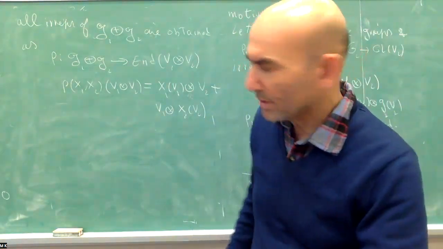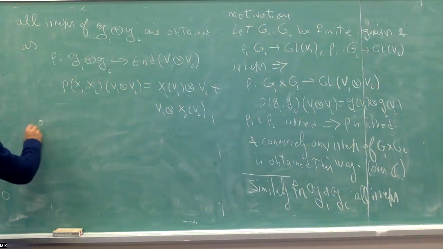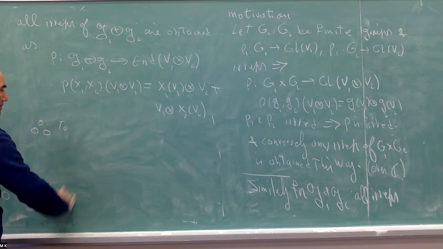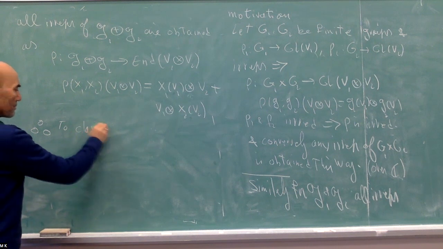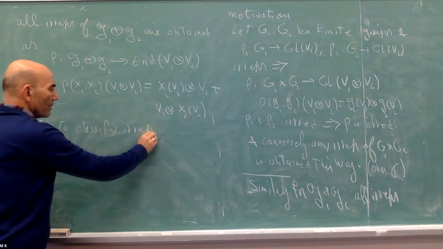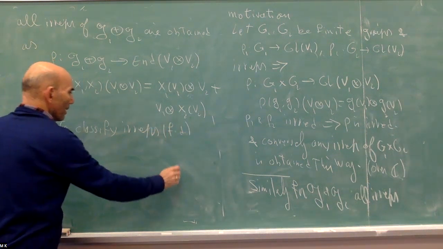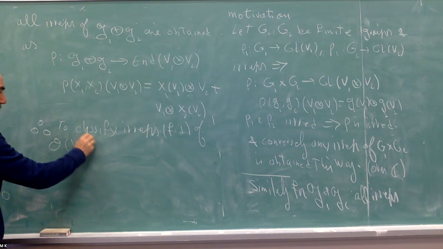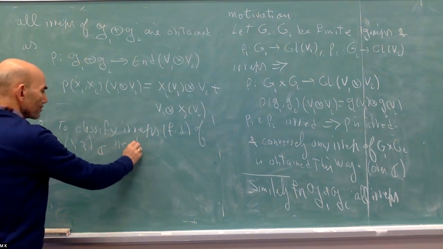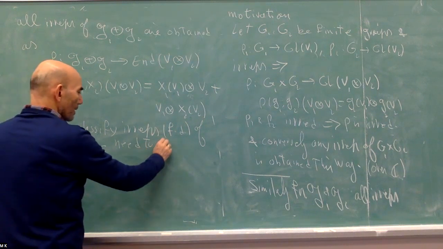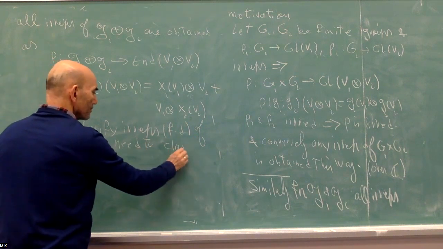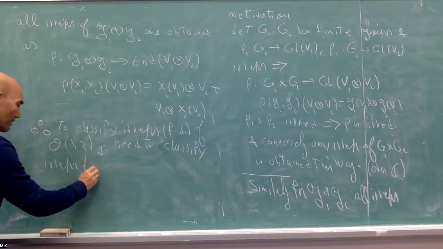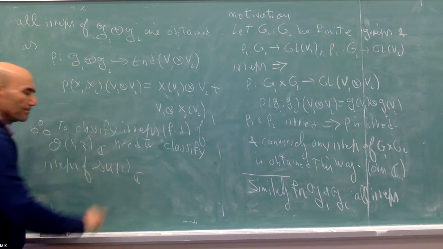So then the corollary of this is that, to classify finite dimensional irreps of the complexified Lorentz algebra, we need to classify irreps of SU2C.